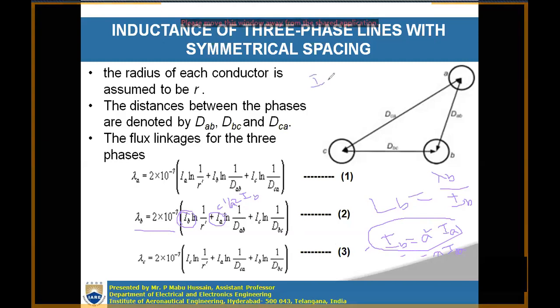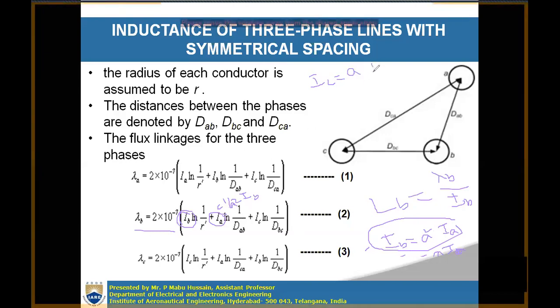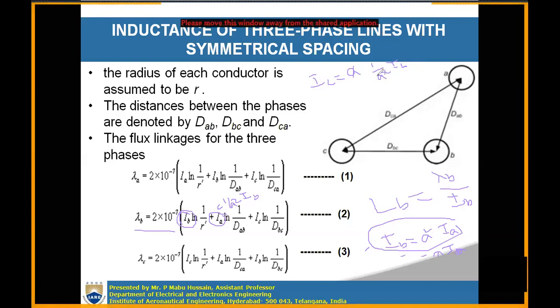IC is equal to a into IA, and IA is again 1 by a square into IB, so one a will get cancelled, and you get 1 by a into IB in place of IC. That means IA and IC can be written in terms of IB, so IC can be written as IB by a.